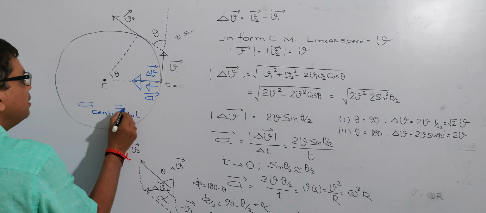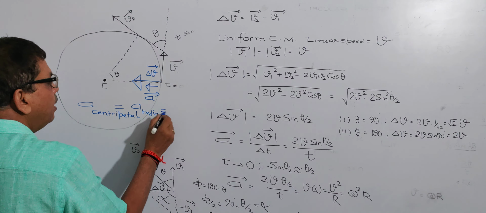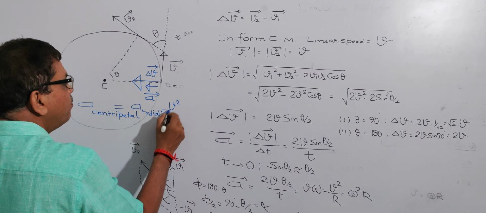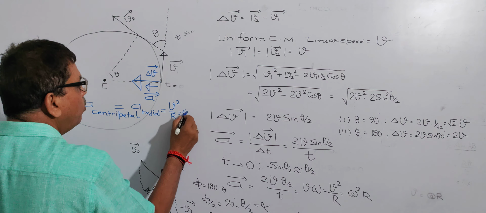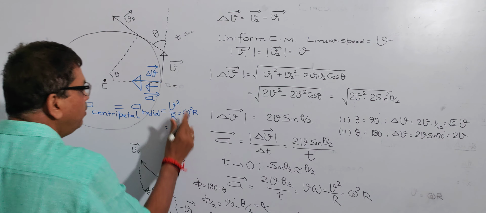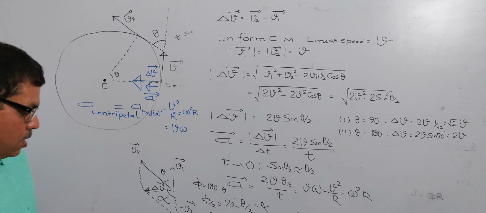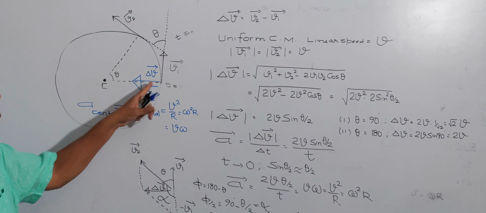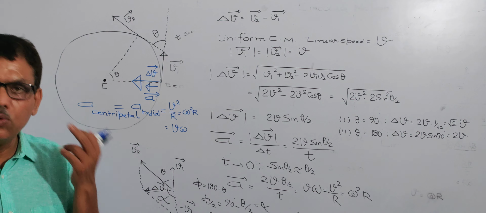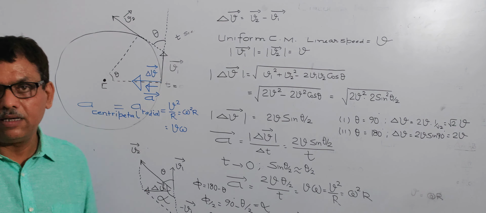This is also called radial acceleration, and its value is v square by r, omega square r, or v omega. All three you can write down for the centripetal acceleration. Since the acceleration is towards the center, that is why it is known as centripetal acceleration or radial acceleration.